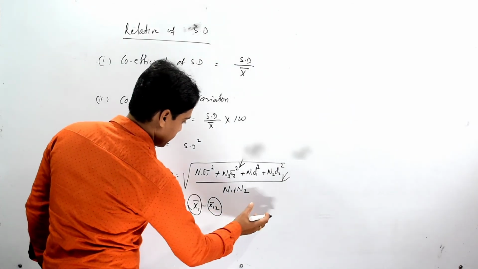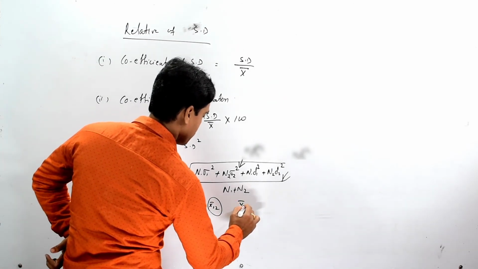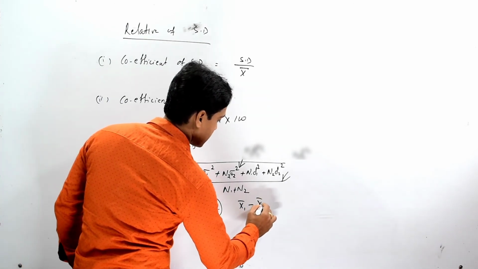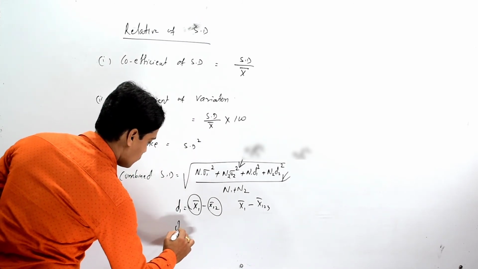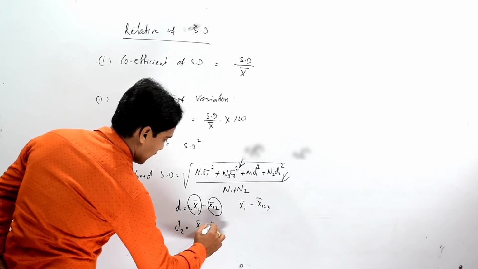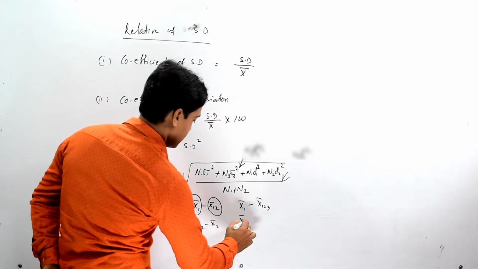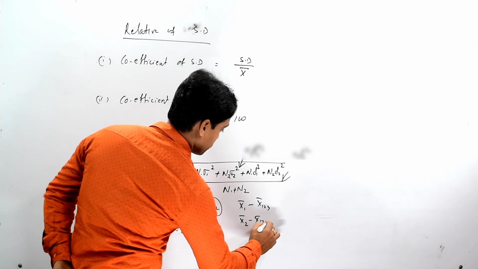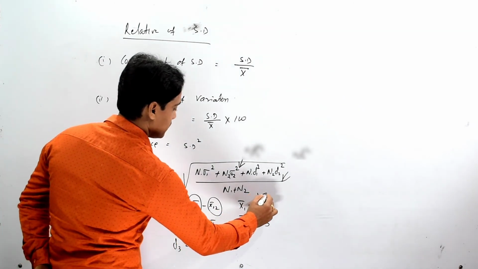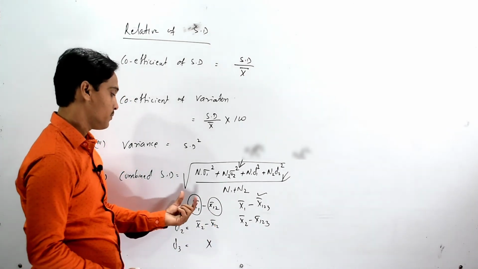In case of three series or three distributions given, then d1 is calculated by x bar 1 minus x bar 1 2 3, and d2 is calculated by x bar 2 minus x bar 1 2 3, and d3 is calculated only in case of three groups, which cannot be calculated in case of two groups.